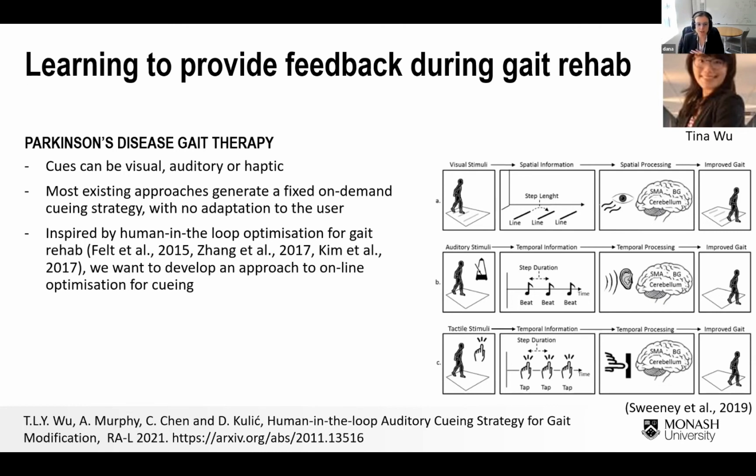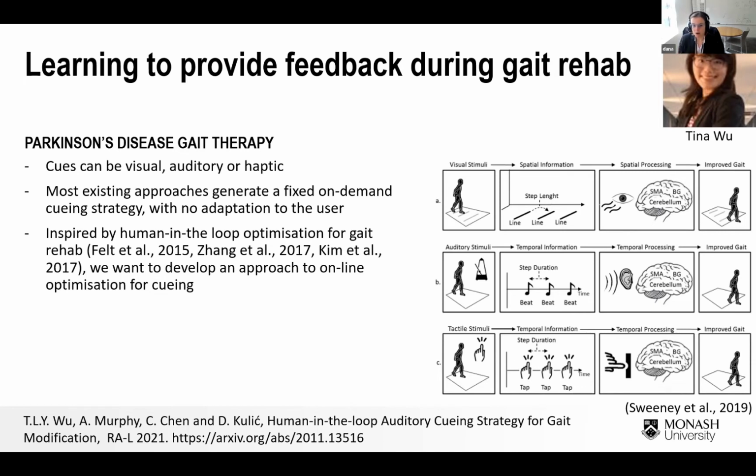This might be influenced by their underlying health condition and mobility, because even if we want them to make bigger steps, maybe because of other comorbidities in addition to PD, they may not be able to do so. Their ability to perceive the cue matters too. For example, if we're using auditory cues and they're hard of hearing, they may not be able to perceive the cue. As well as their relevant PD conditions: their severity of symptoms, the effectiveness and the timing of medication, and so on.